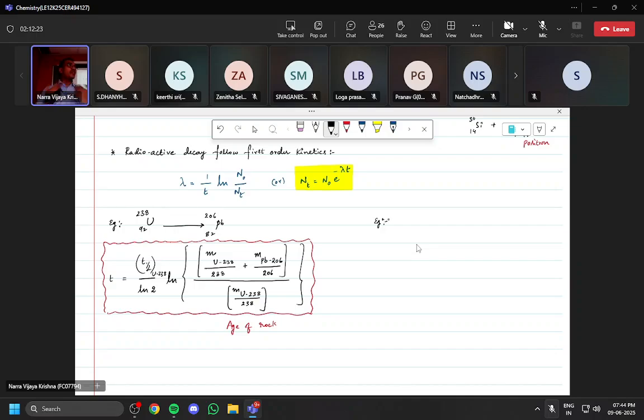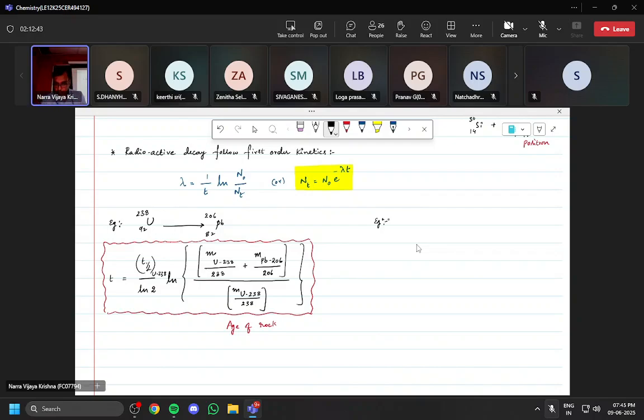So initial C14, I know. What I will do now? What is C14 content in that fossil? Now I will calculate. So C14 present in me divided by C14 present in that fossil gives initial upon final.